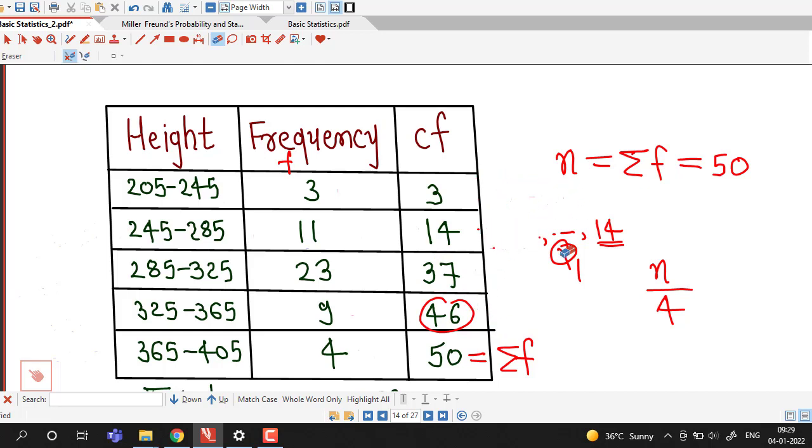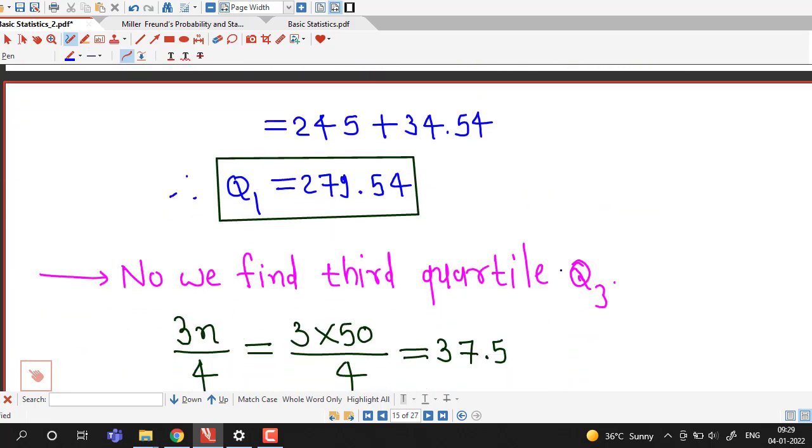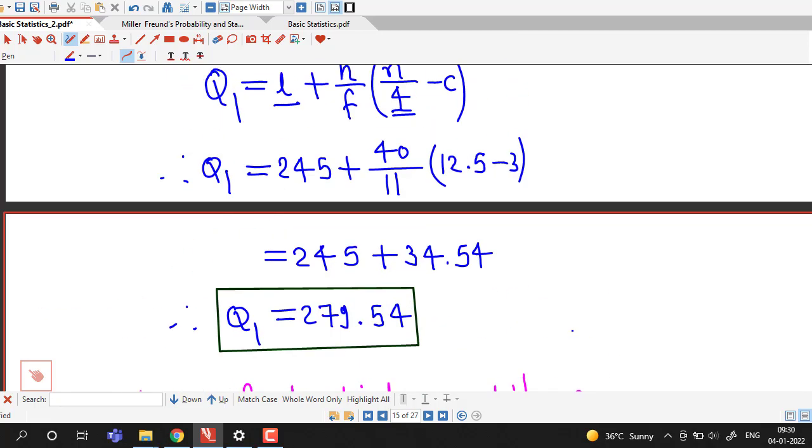For third quartile, first we decide what is 3 into n by 4. 3 into n is 50 divided by 4, that is 37.5. So we have to decide the observation at this position, 37.5.